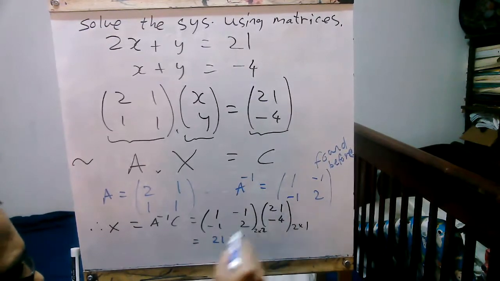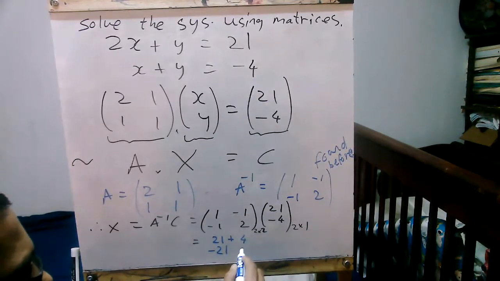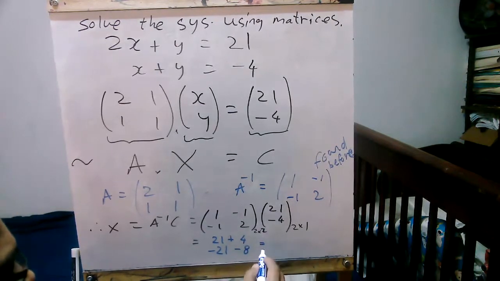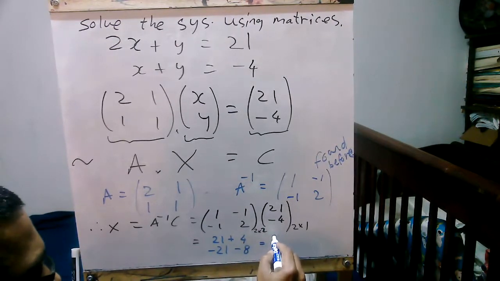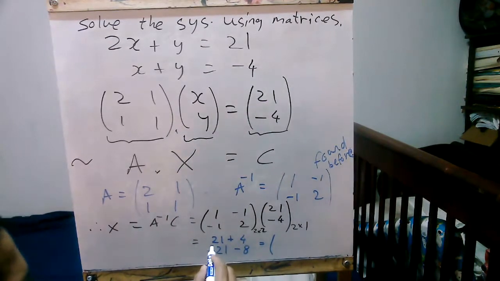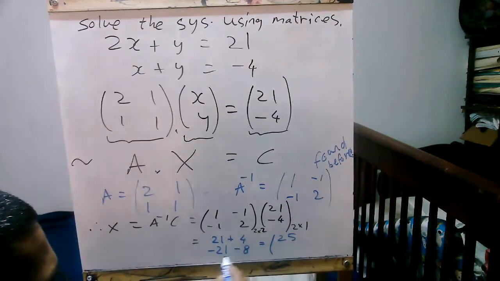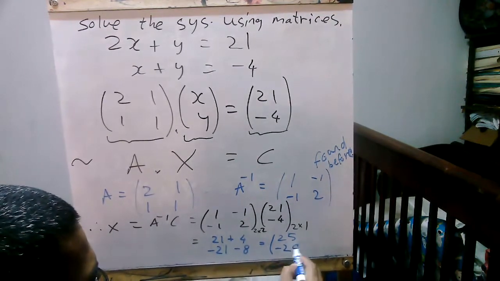Negative 1 times 21 is negative 21. 2 times negative 4 is negative 8. This is equal to 25 and negative 29.